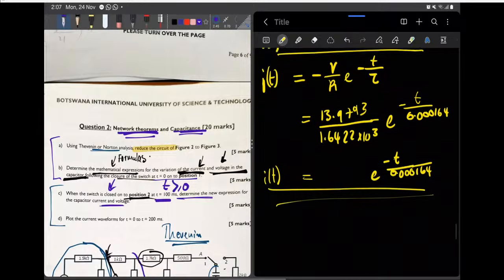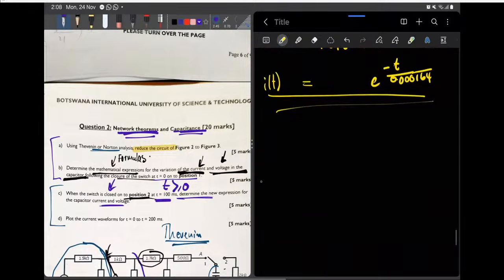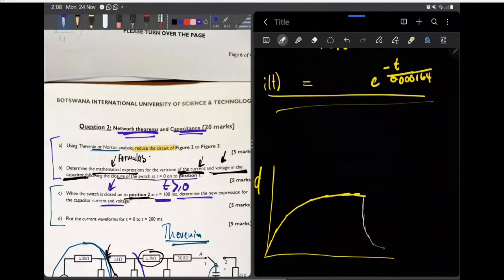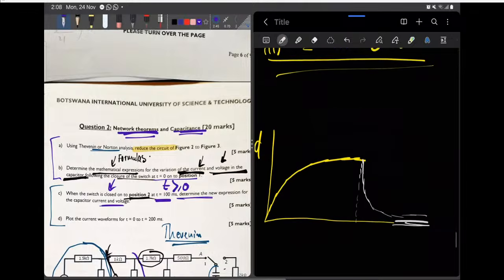Now, if we plot the current waveforms, we should show the capacitor charging. Then it is switched and it is going to discharge. Here we get that max.